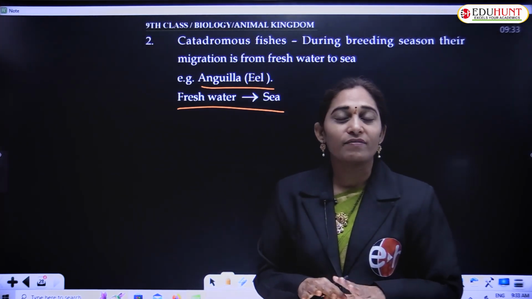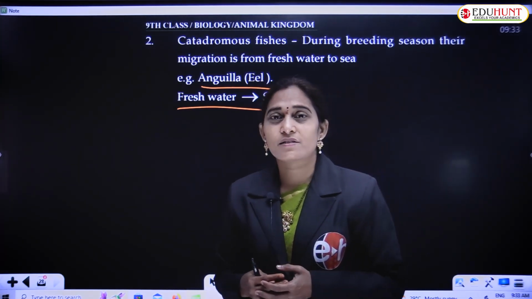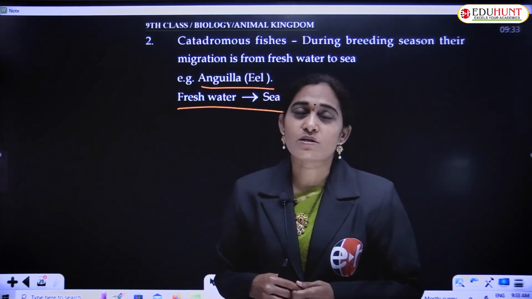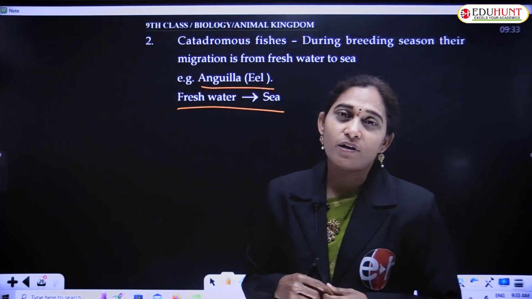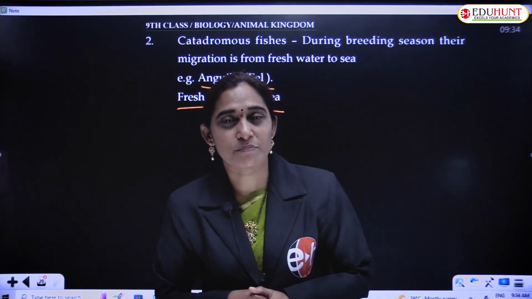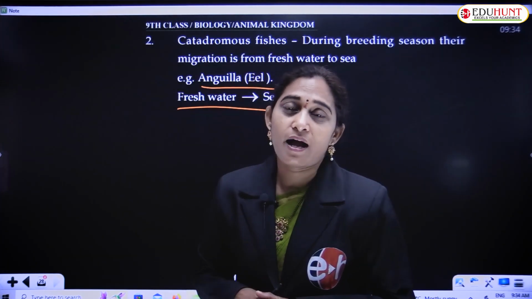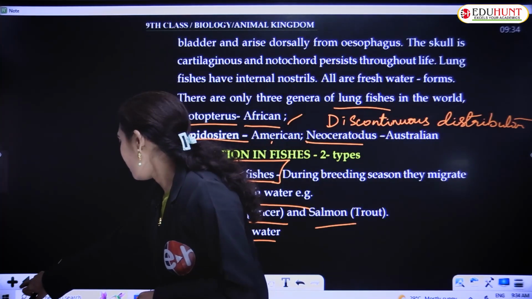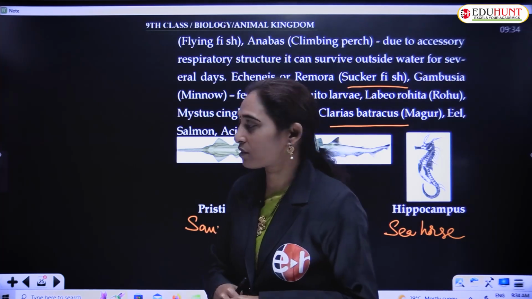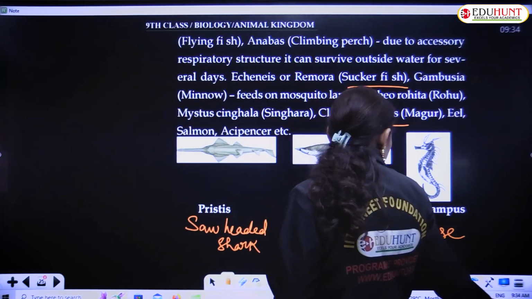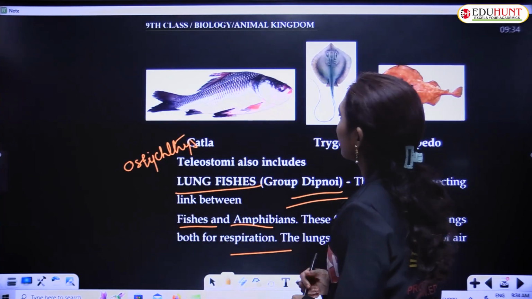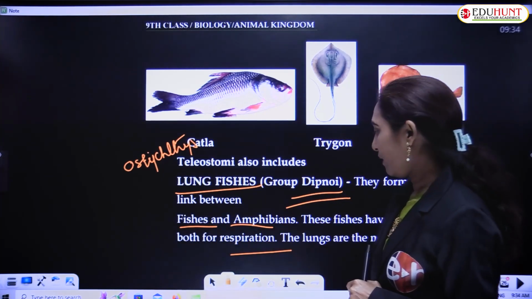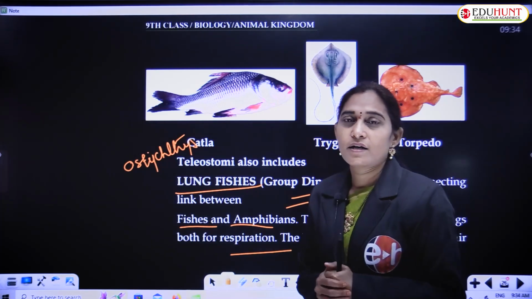Like that, we have seen so many examples of elasmobranch fish, and also osteichthyes, where bony fish were included. Seahorse, hippocampus is seen, pufferfish we have seen, and also salmon, trout. This is Catla catla. Like that, we have seen so many examples in this picture.